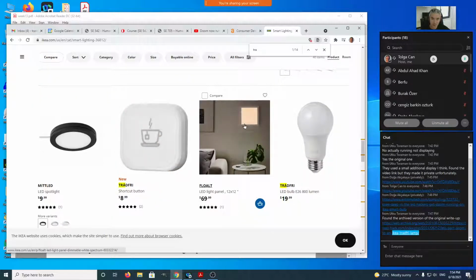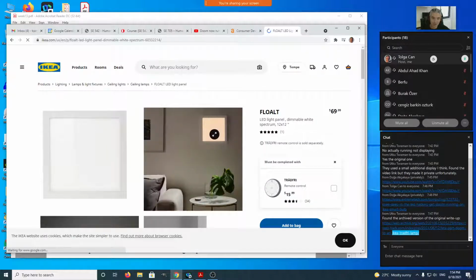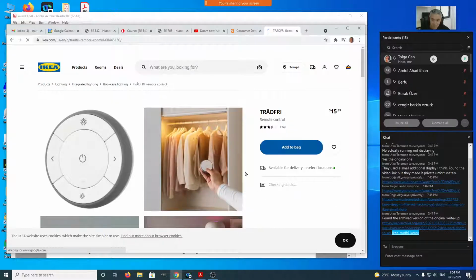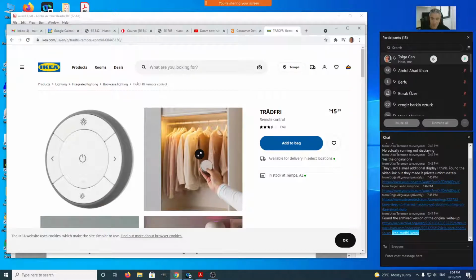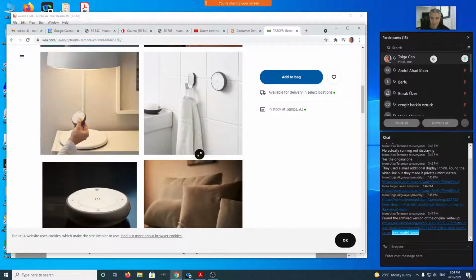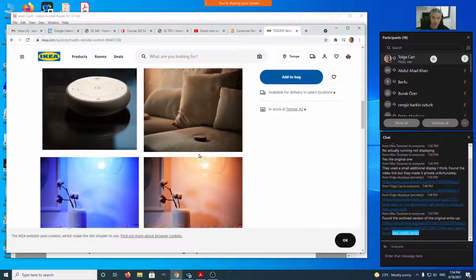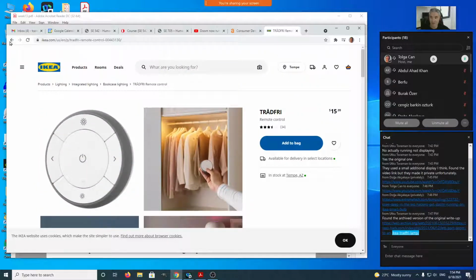Maybe they ran Doom on this. It looks more like a computer screen, so if it can display LED colors, different things. There's also this Thread-free remote control for your lights. Okay, so we can jump on that wagon as well, about smart lighting.